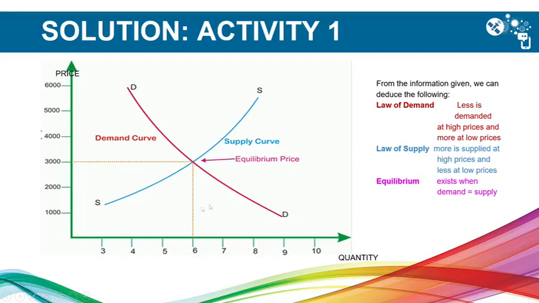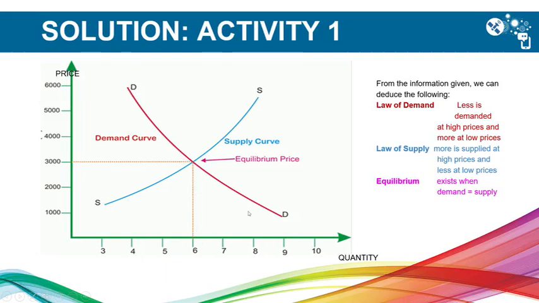Right, so from this graph, what can we now get? The first thing we see, if we look at our demand curve, what do we notice there? We see that at 1,000 Rand, there are 9 units being demanded. At 3,000 Rand, there's 6 units being demanded. And at 6,000 Rand, there's about 4 units being demanded.